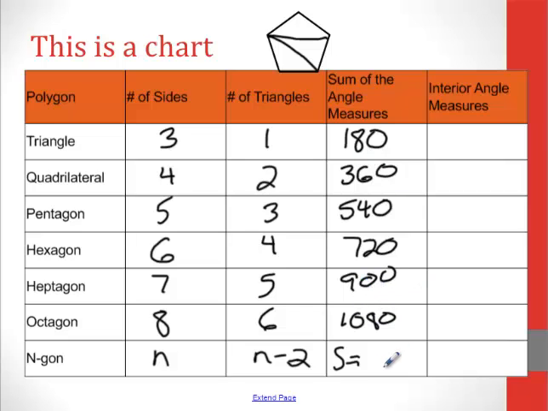And for every single triangle I have, this is the number of triangles right here, it's 180 degrees times the number of triangles. So we're going to stop filling out this chart right now. We're going to come back to this last column, and then we'll fill out the last column later on.